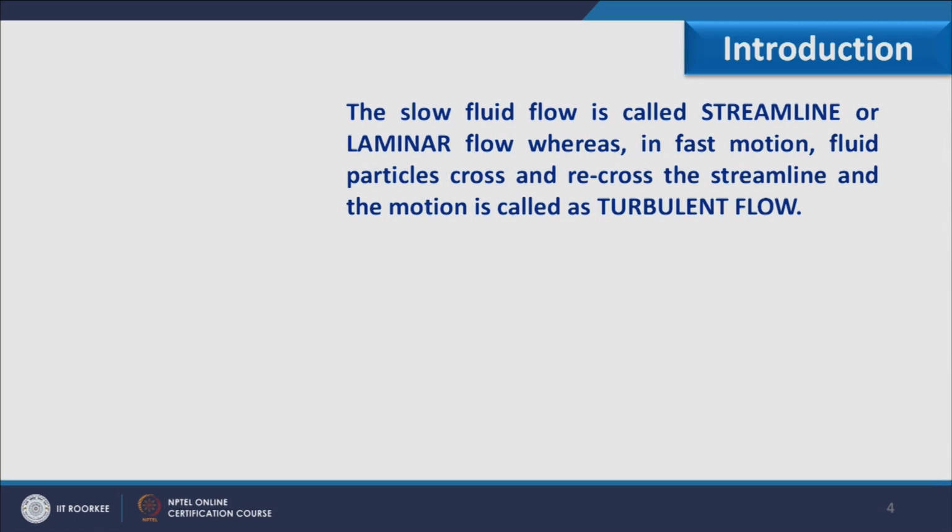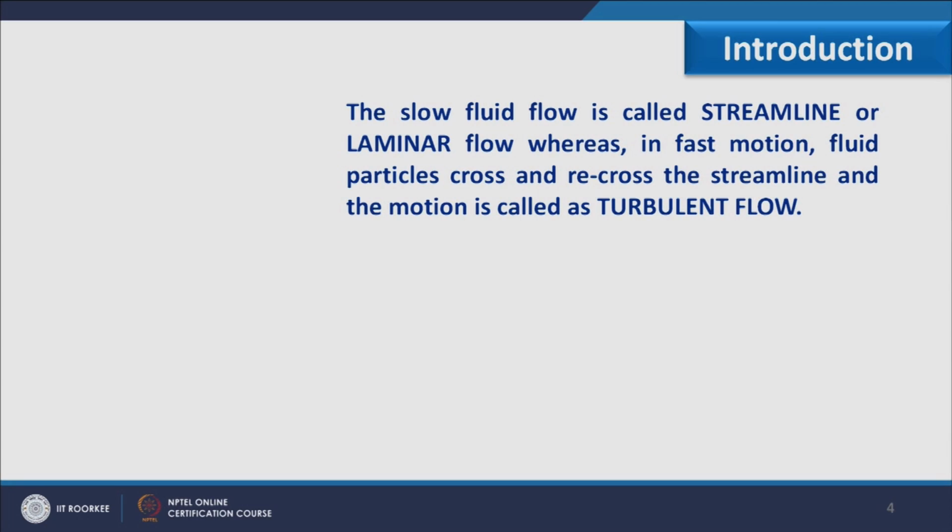However, in fast motion fluid particles cross and recross the streamlines and the motion is called turbulent flow. So, in laminar flow the fluid is moving in streamlines, whereas in turbulent flow particles will cross the streamlines, so the streamlines will not be uniform anymore.